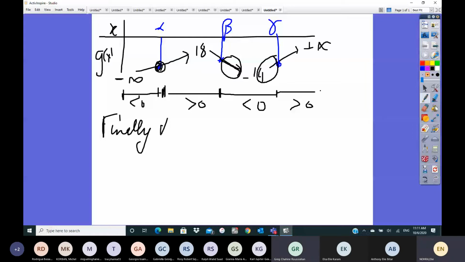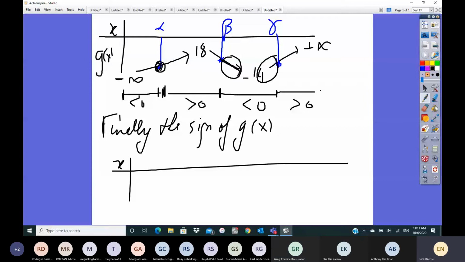Finally, the sign of g of x. You can set it in a table or write it as a paragraph. You put alpha, beta, gamma. Here it's 0, positive, negative, positive, negative. I remind you, this is not a table of variations, it's a table of sign, okay?